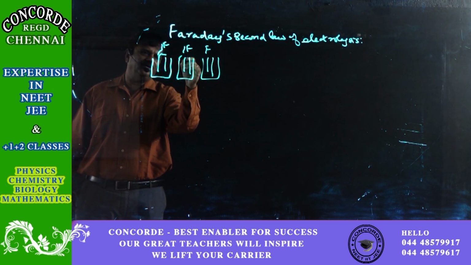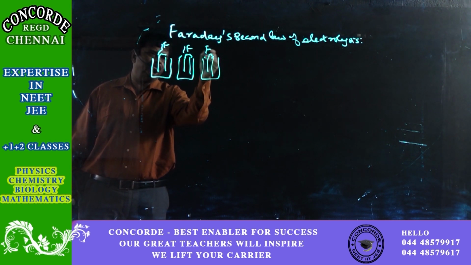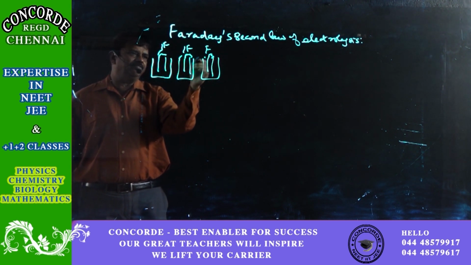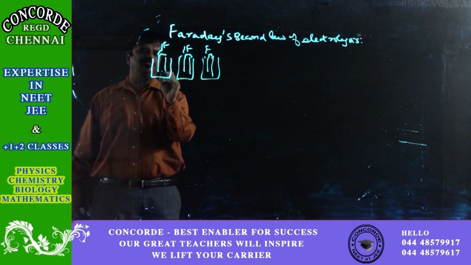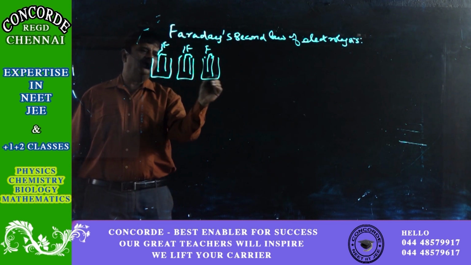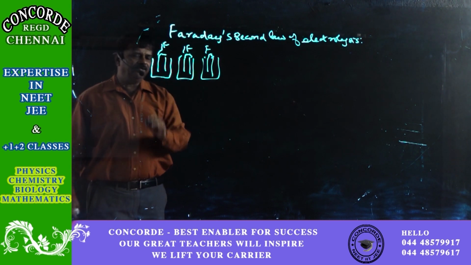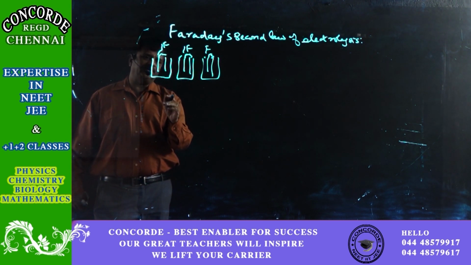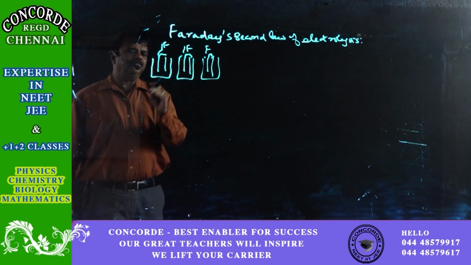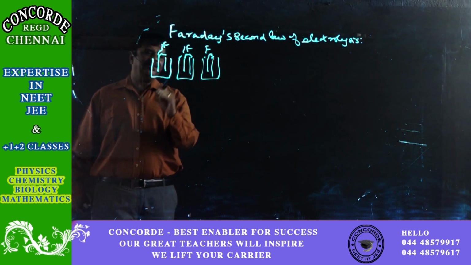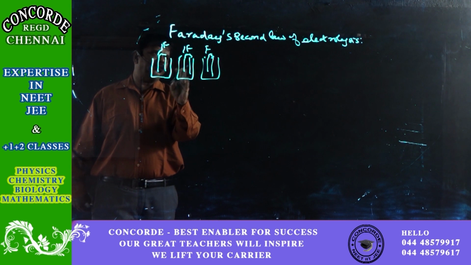As usual, all these things are known to you. Without connecting, there won't be any passage of current. So I am sending 1 Faraday equally through all the electrolytic cells. What will be the amount of substance deposited on the different electrodes? This is dealt with in the second law.